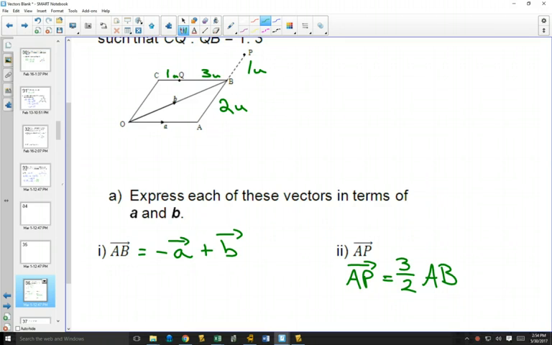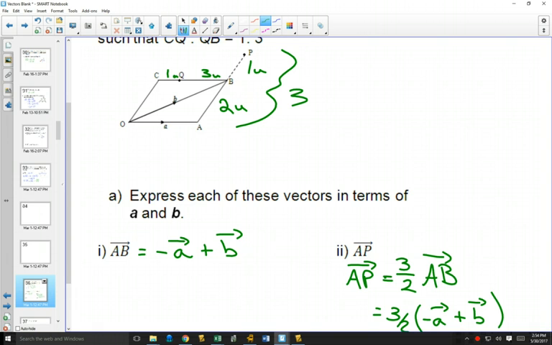Yes. Yeah, we can keep doing fractions that are equal to that if we'd like for a very long time, I'm sure. So how do we figure that out? Well, this whole length is 3. And we've gone, A to B is 2 of those, so we have to go 3/2 of those in order to get from A to P. So then we just have to multiply through negative A plus B.